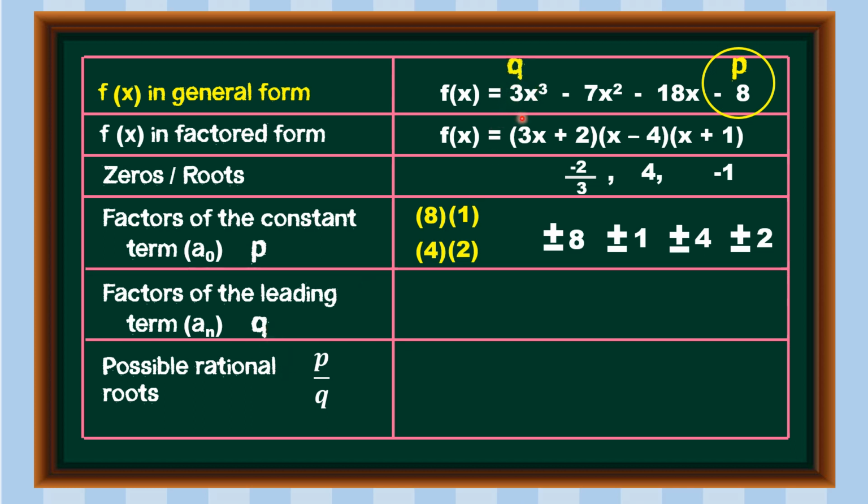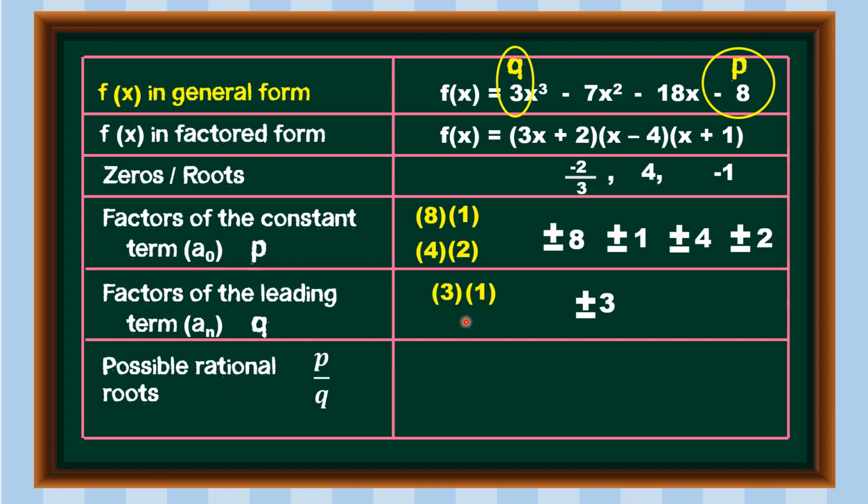Ayun, sa unahan ng variable na may pinakamataas na exponent. So, ang Q natin ay 3. Ano yung mga numbers sa pag-multiply 3 ang sagot? Isn't it that we only have 3 times 1? Wala nang iba. Pero since positive 3 yan, pwedeng positive 3 times positive 1 or pwede rin namang negative 3 times negative 1. So, the factors are 3, positive and negative.